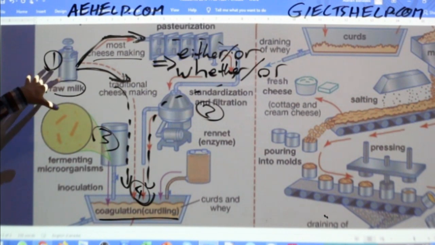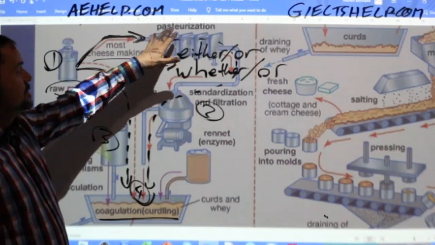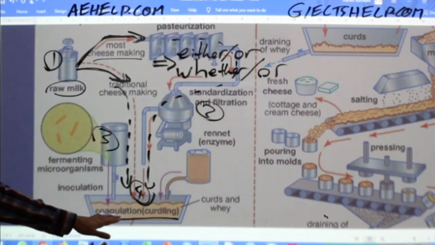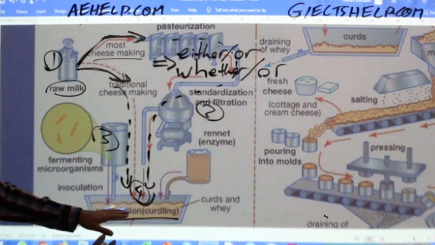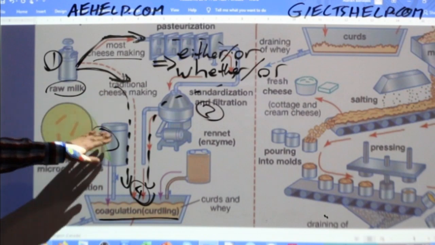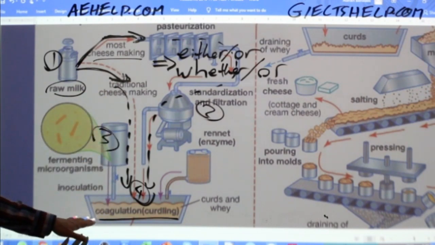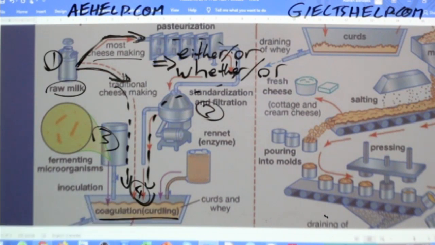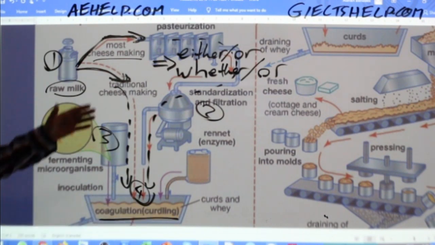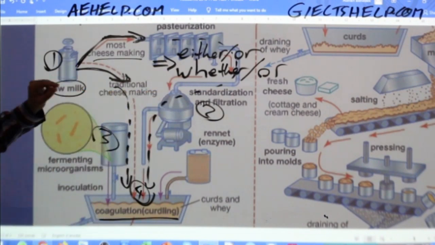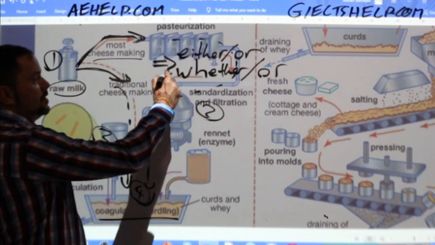So to start, cheese either is pasteurized before enzymes are added in the coagulation process, or made traditionally and used directly in the coagulation curdling process. Okay? And then the other way that you could write it is whether cheese, and this is where whether is a little bit easier, you'll notice.